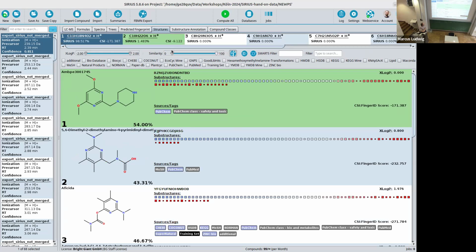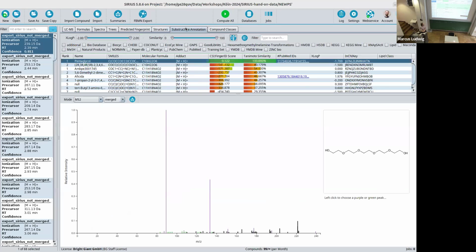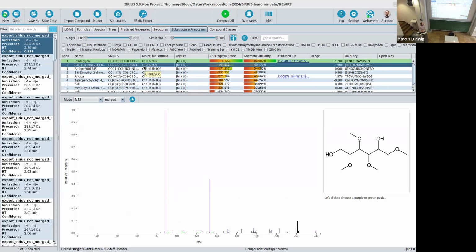We also have hits for other molecular formulas, which are just worse than this one in the score, which you can see in the next tab, where we put all of them together. Here you can find all your hits for different molecular formulas, ranked by the CSI:FingerID score.